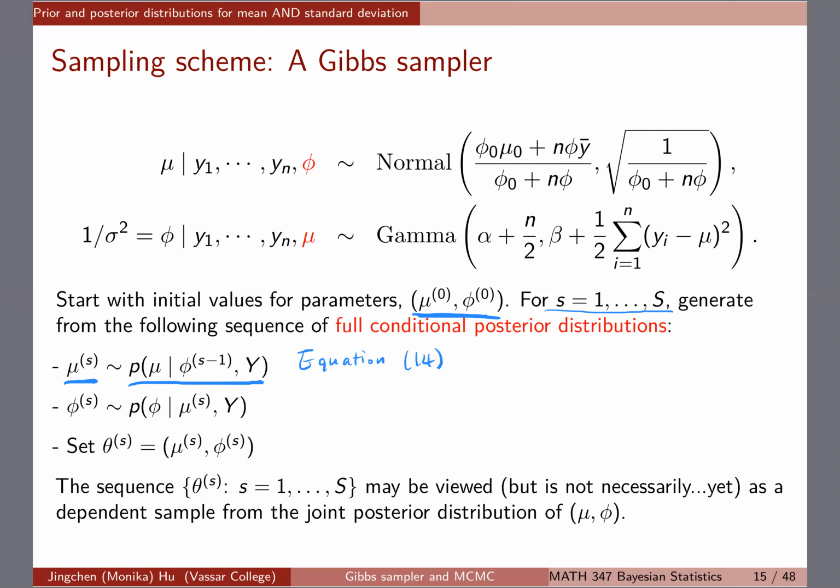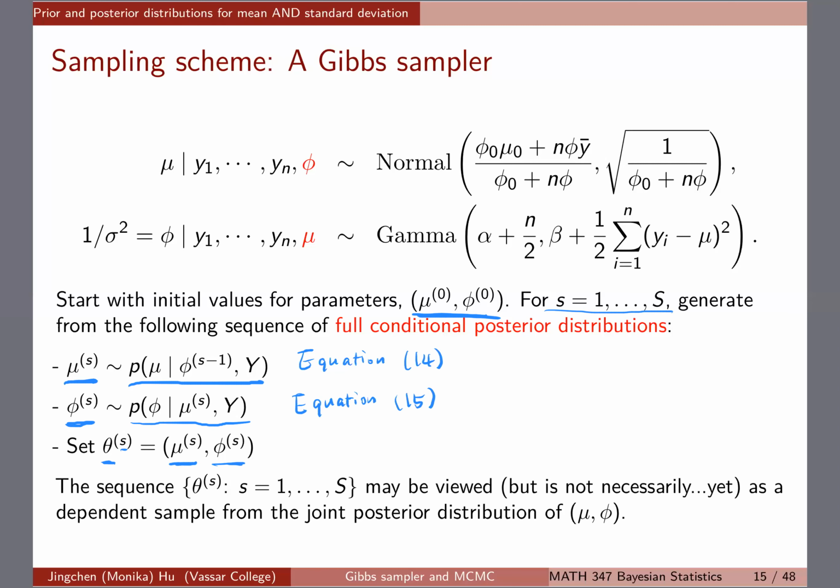And then for phi, or 1 over sigma squared, whichever you use, it's drawn from its own full conditional posterior distribution, which I think corresponds to equation 15. We use theta to represent the collection of the two parameters. So at this particular iteration s, you get mu s and phi s.